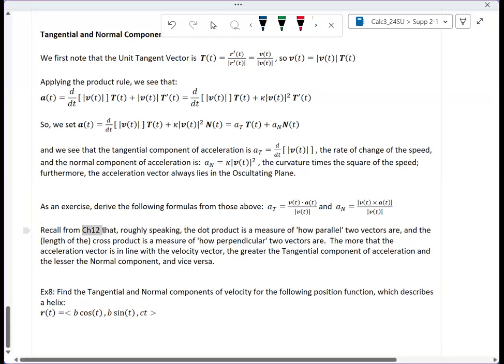Remember from chapter 12 that, roughly speaking, the dot product is a measure of how parallel two vectors are, and the length of the cross product is a measure of how perpendicular they are. So the more our acceleration vector is in line with the velocity vector, the greater the tangential component and the lesser the normal component. When the acceleration vector is right in line with the velocity vector, the normal component is 0, and we don't turn at all. We just stay in a straight line.